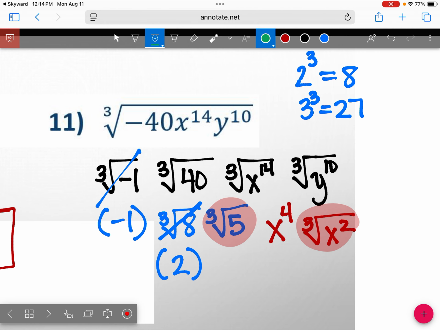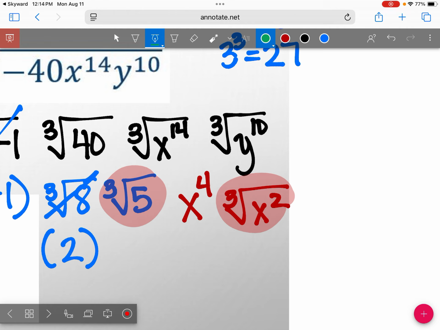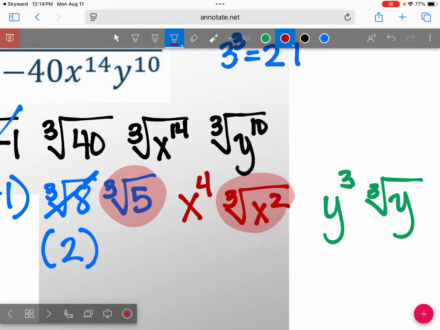And then lastly, if I have 10 people, how many groups can I make with 10 people? 3 groups. And who's left out? How many? 1. So this has to stay. All right, now let's put it all together.